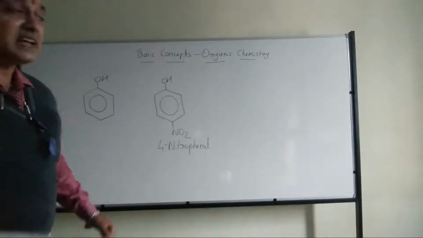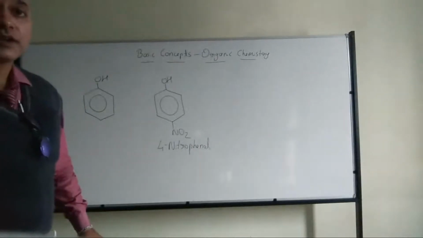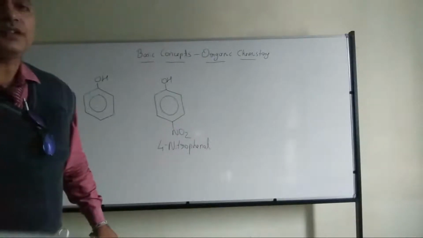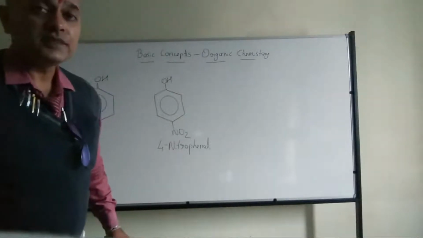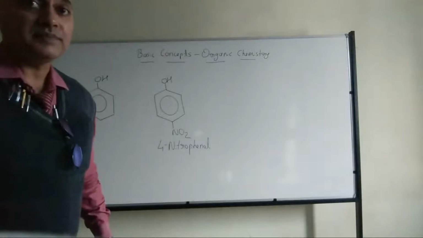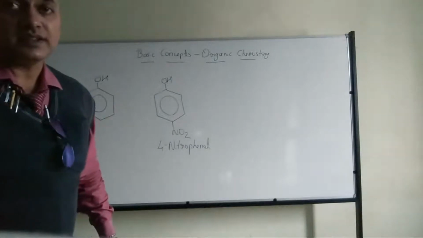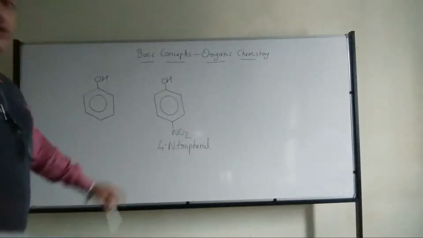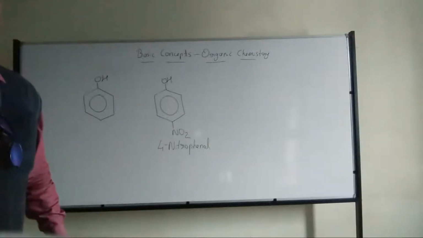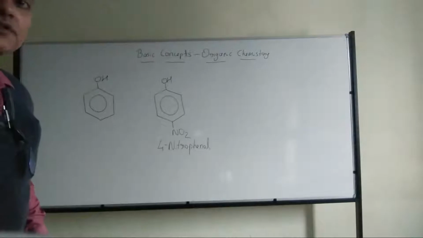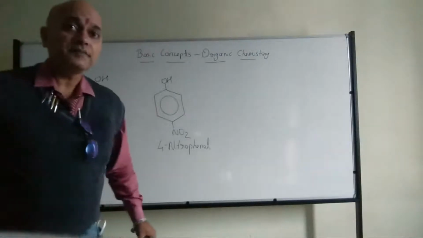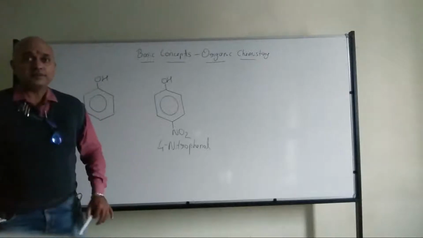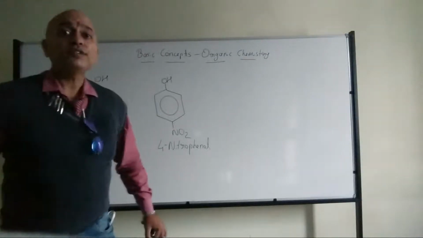When I am using it as a prefix, it will be nitro, 4-nitrophenol. It should not be written as nitrile. Nitrile means CN, the cyanide group. But here it is NO2, so nitro group, not nitrile. Am I clear? So that's the 4-nitrophenol.